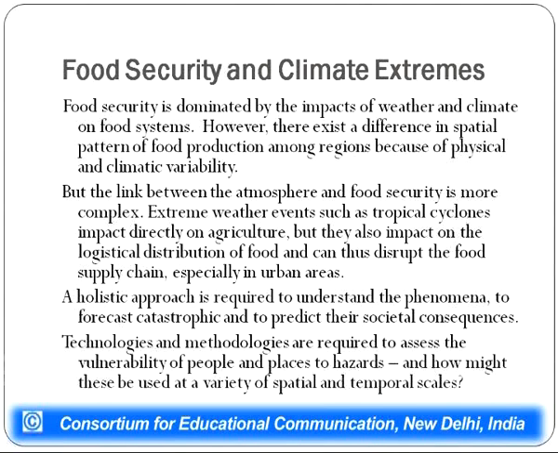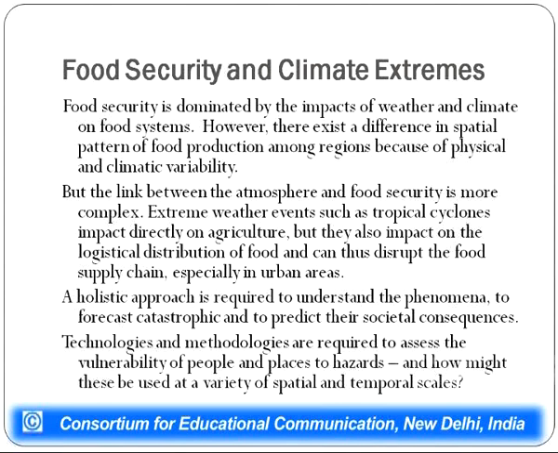Climatic variability is a reality, but the link between atmosphere and food security is more complex. Extreme weather events such as tropical cyclones impact directly on agriculture, but they also impact the logistical distribution of food and can thus disrupt the food supply chain, particularly in urban areas.